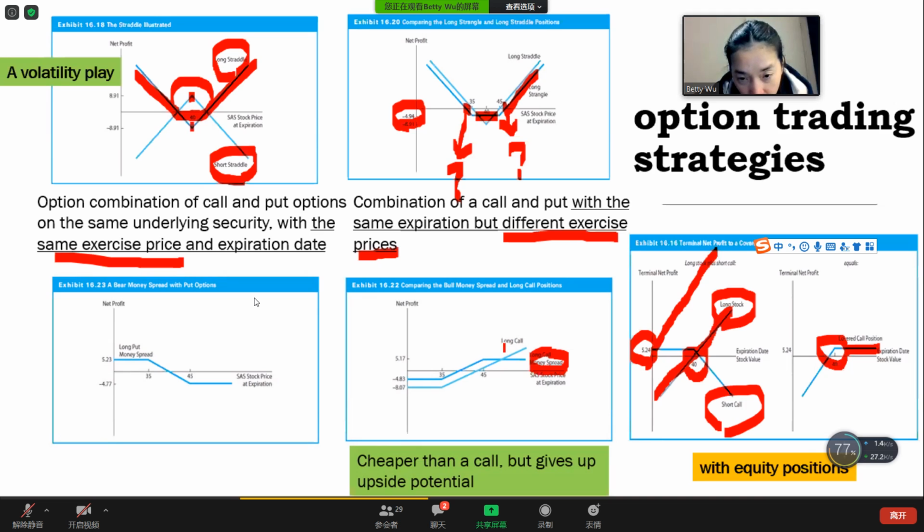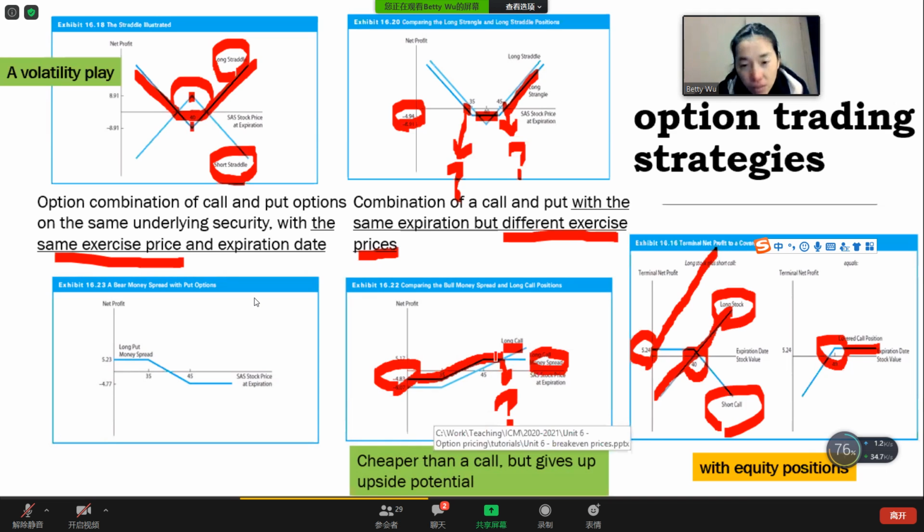But comparing to a typical long call, it's cheaper, right? You see that it's cheaper. And they are better off until here. So what is this point? Until here, because when the price continues to go up, they start to lose out compared to a long call. Long call is better off.